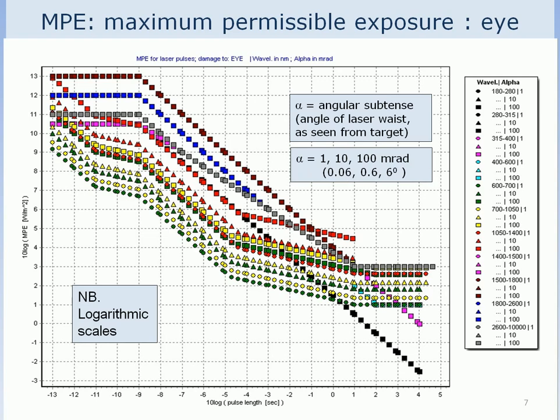And here we took alpha is 1, 10 or 100 milliradian, and that corresponds to 0.06, 0.6 and 6 degrees.